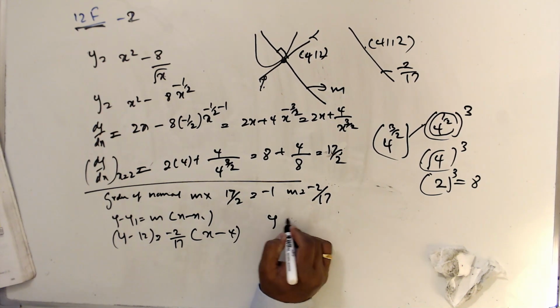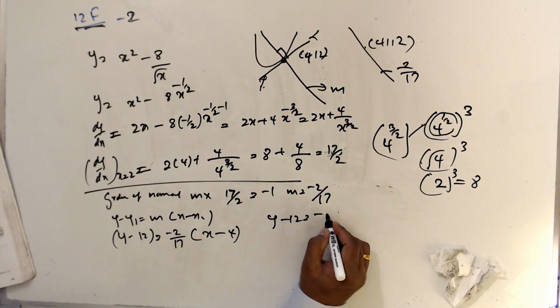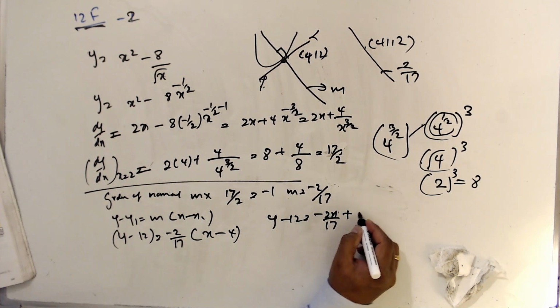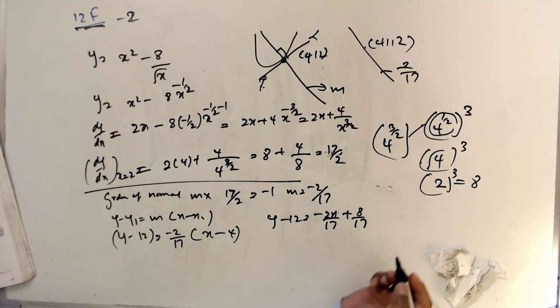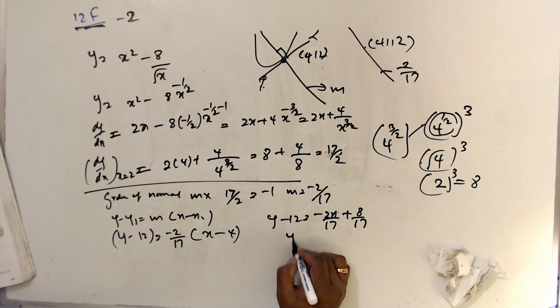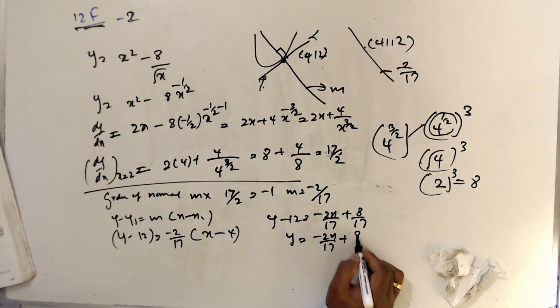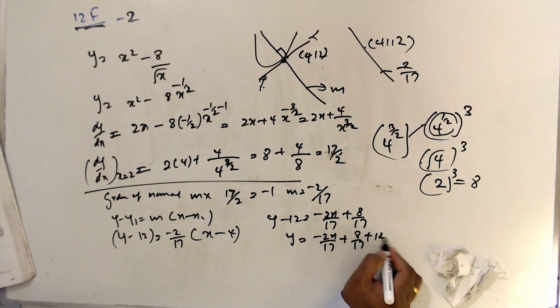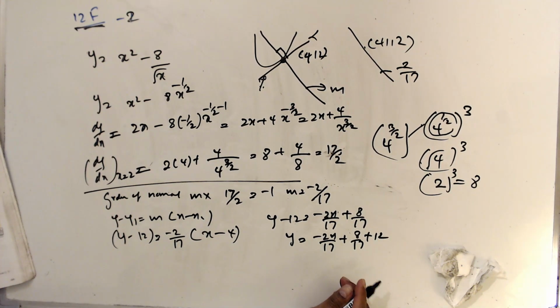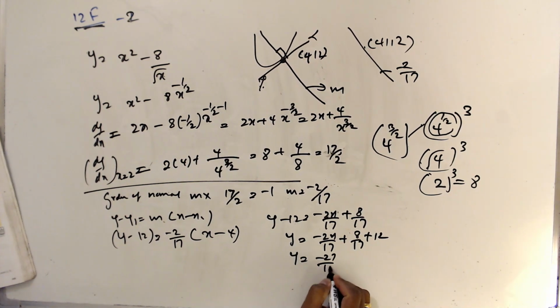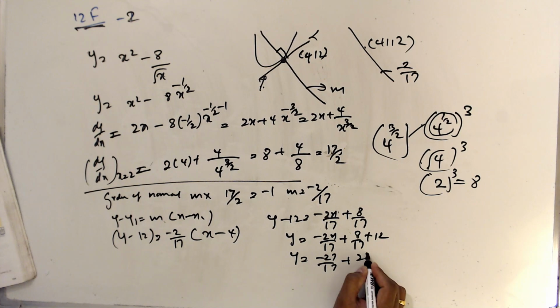So y minus 12 equals minus 2x over 17 plus 8 over 17. y equals minus 2x over 17 plus 8 over 17 plus 12. So this is y equals minus 2 over 17 x plus 212 over 17.